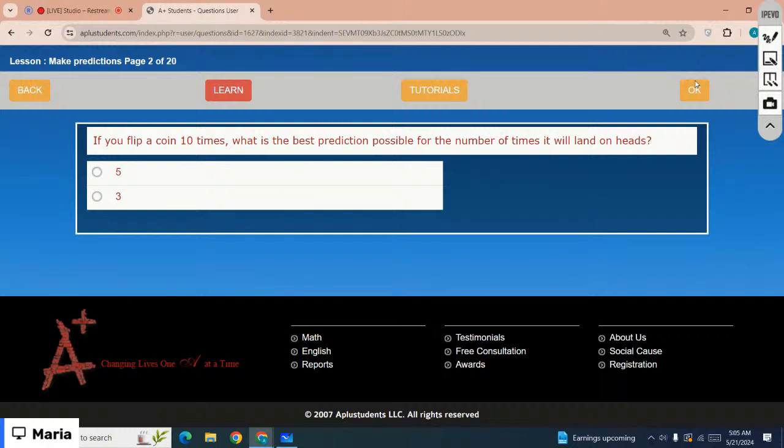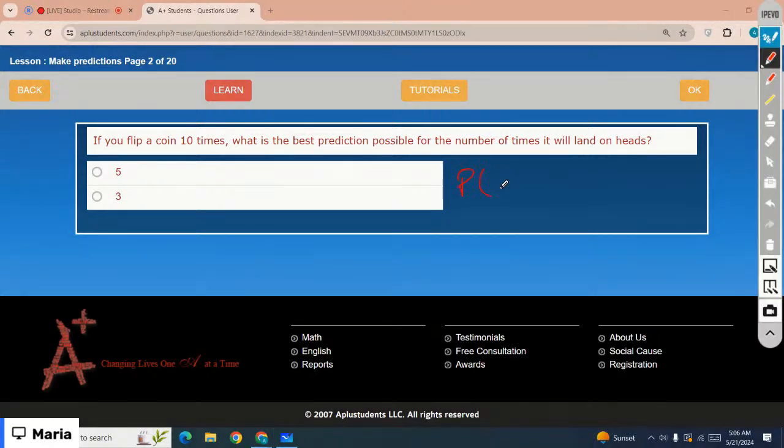If you flip a coin 10 times, what is the best prediction possible for the number of times it will land on head? So again, that's a coin, right? You have two outcomes and the probability of head is 1 over 2. Now you did that 10 times. So you have to do 10 times 1 over 2, 10 times the probability of head. So you just have to multiply. 10 times 1 is 10 and 2 times 1 is 2. So 10 divided by 2 is 5.